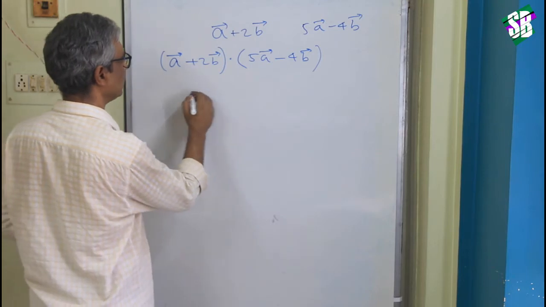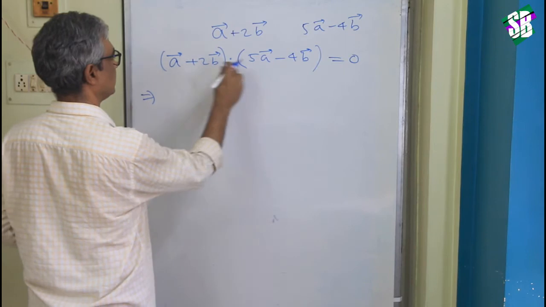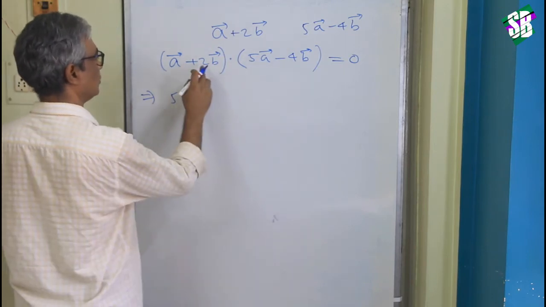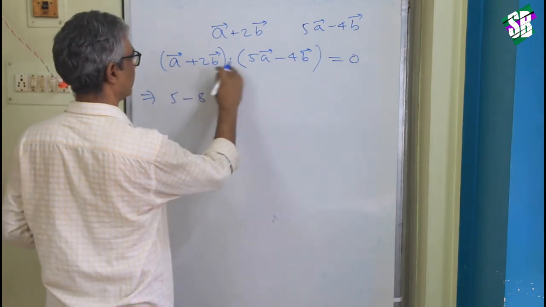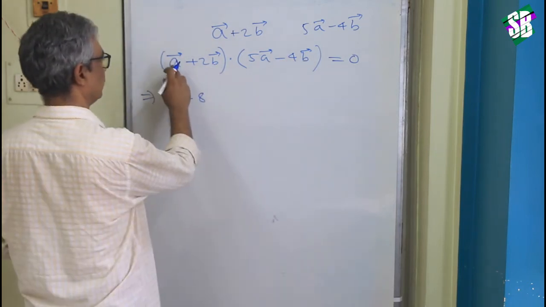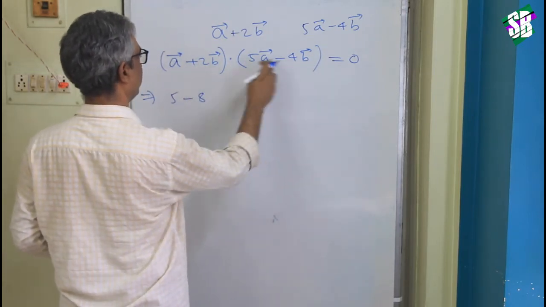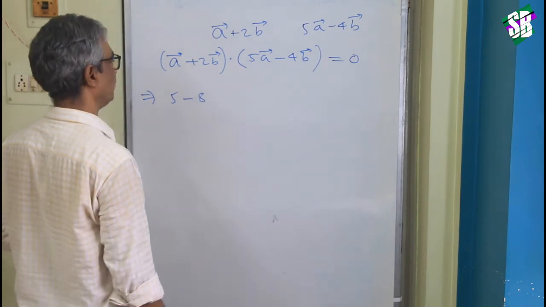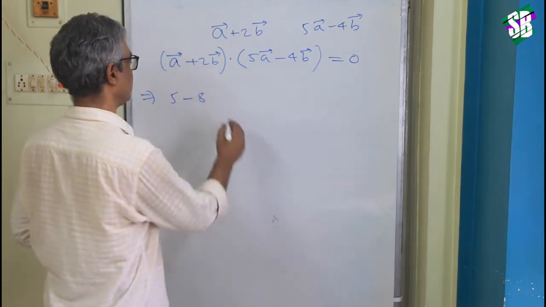So this is equal to 0, and now this is this dot this, so 5a vector square is 5. This means minus 8b vector square is minus 8. Now this is minus 4a vector dot b vector, and this is 10a vector dot b vector. So this is 10 and this is minus 4, means 6.